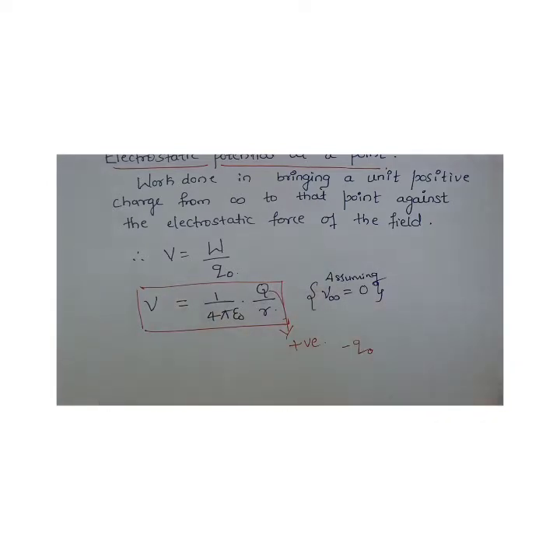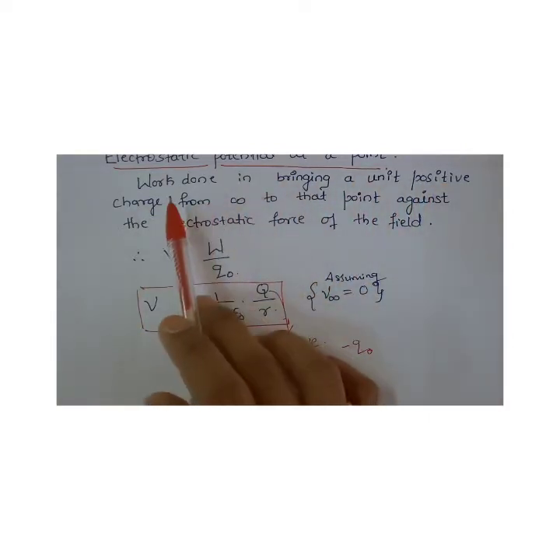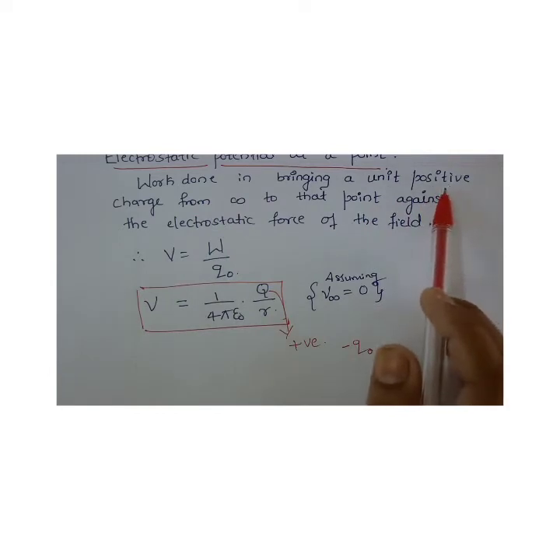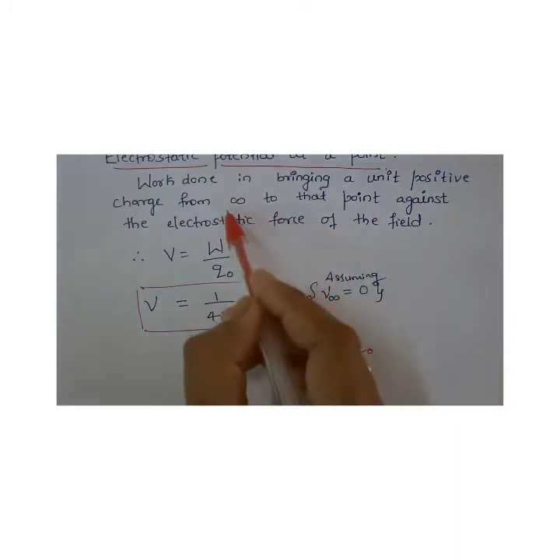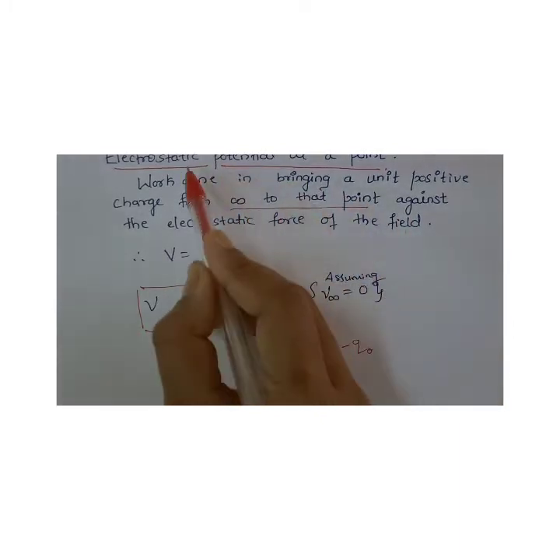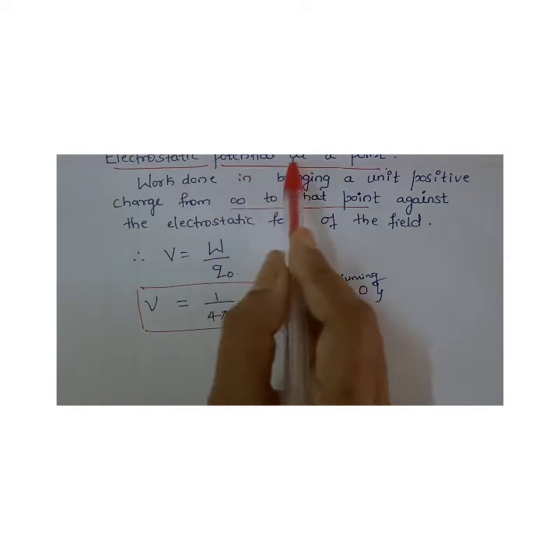Hence the sign will change for electrostatic potential. So this is the basic definition of electrostatic potential at a point: it's the work done in bringing a unit positive charge from infinity to that point against the electrostatic force of the field.